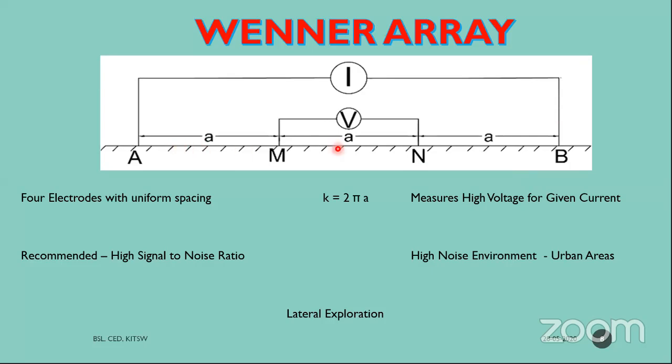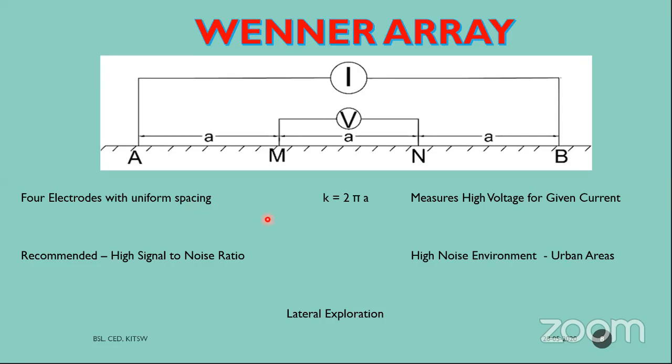The spacing between all the electrodes is uniform, a distance of a. It can be 1 meter, 0.5 meters, 2 meters, 10 meters, 20 meters. It varies. If the spacing between all the electrodes is uniform, then it is said to be a Wenner array.